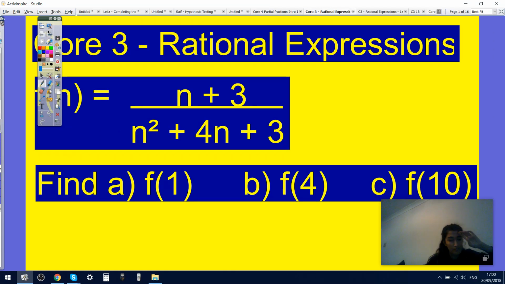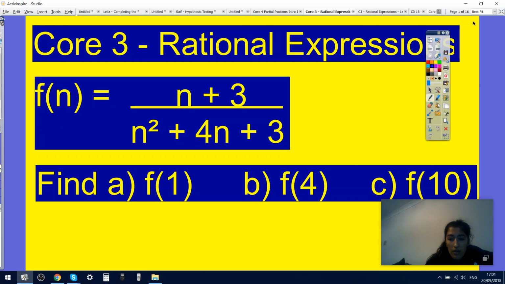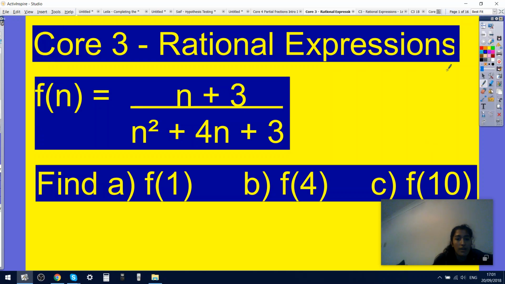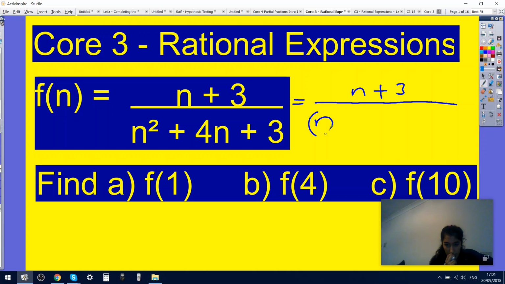This one. Any idea how you could simplify this fraction? Put the denominator into brackets. Yeah, and what would that be? 3 and 1, n plus 1, n plus 3. And how could you simplify that fraction, or what would it be after you simplify it?